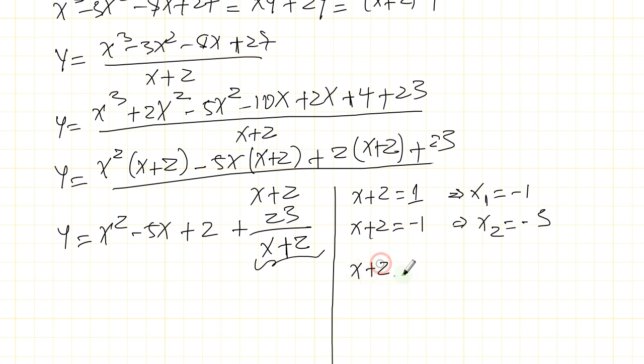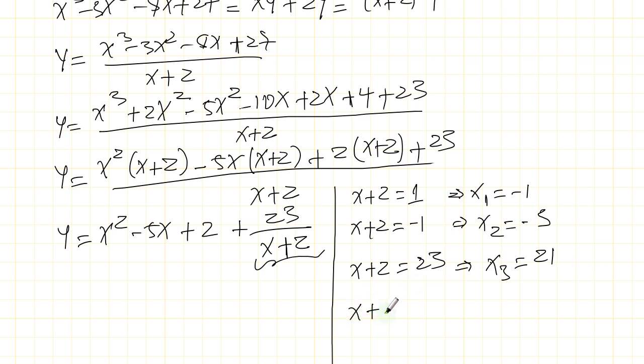Another one: this is going to be an integer if x plus 2 is equal to 23, because we're going to have 1 here. Sending the 2 to the other side, x3 equals 21.